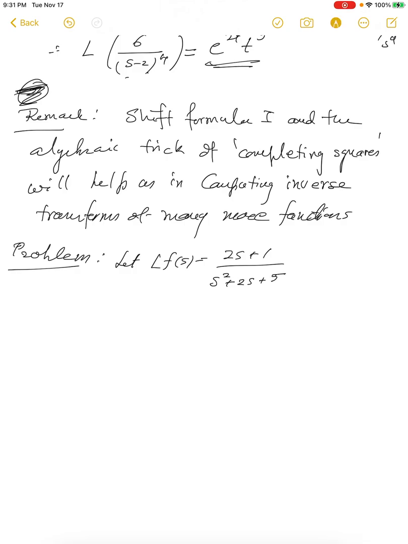How about that? Or maybe I'll make it nicer. No, that's fine, 2s plus 5. So now we don't know what this function is, and the denominator doesn't factor.